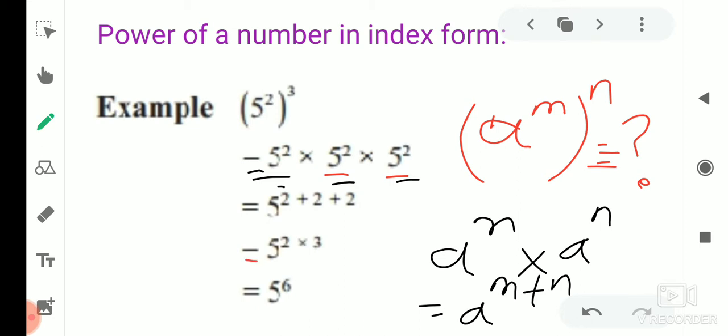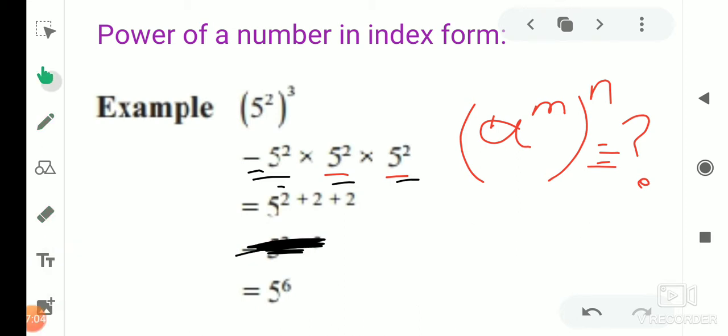5 raised to power 6. So what does it mean? It means that if we are taking the power of index, then it will give the product of powers.